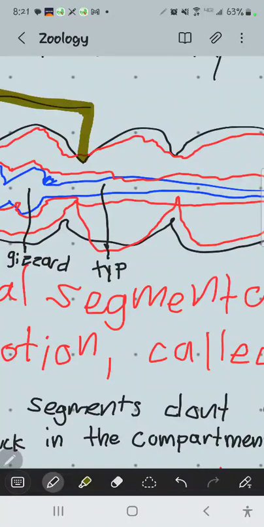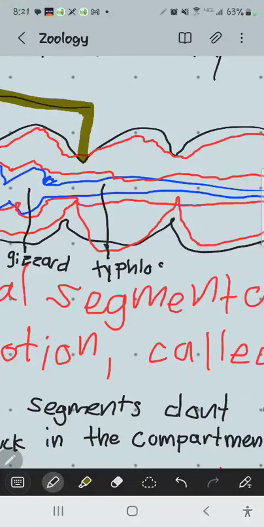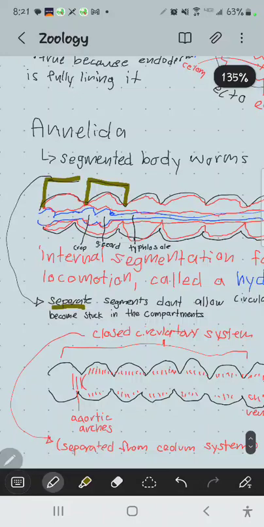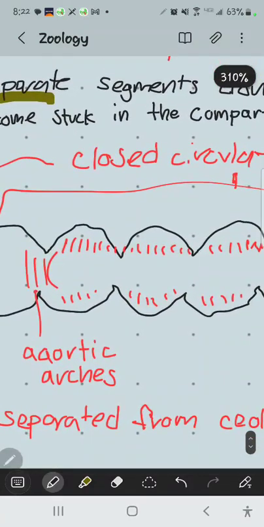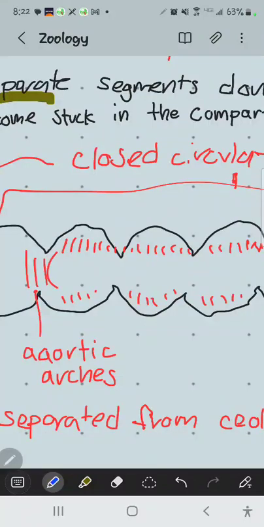For respiration, these organisms do what you'd call cuticular respiration, but essentially it's simple diffusion. Oxygen diffuses into the body from the surrounding atmosphere or water. Let's just say water in this case, because most of these are aquatic or marine.